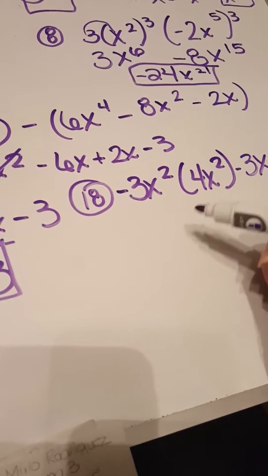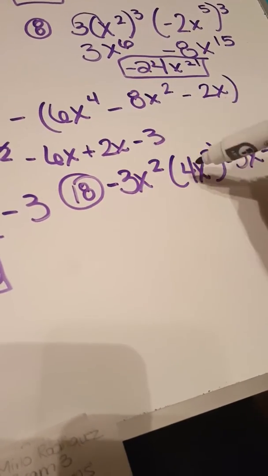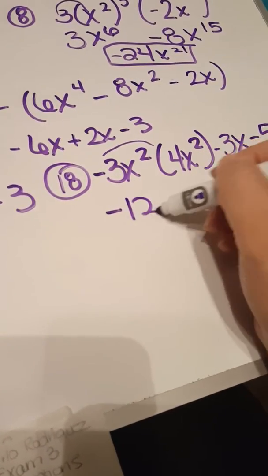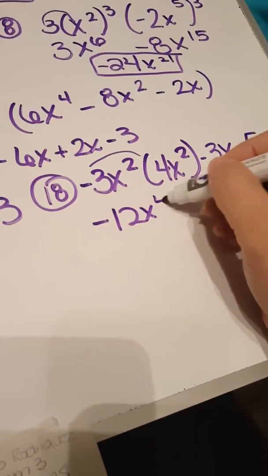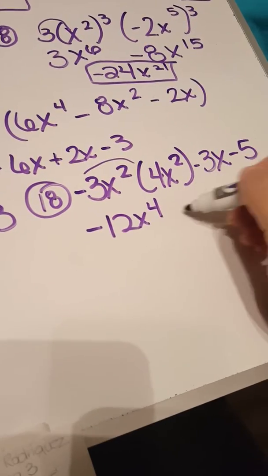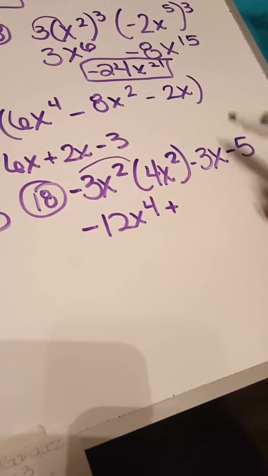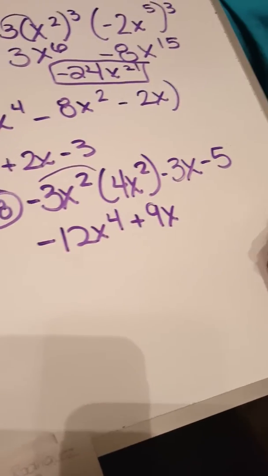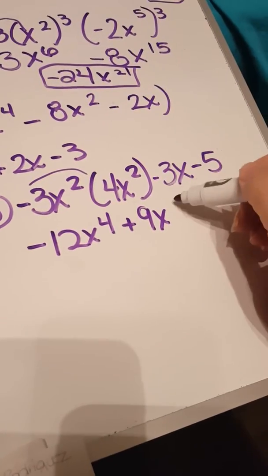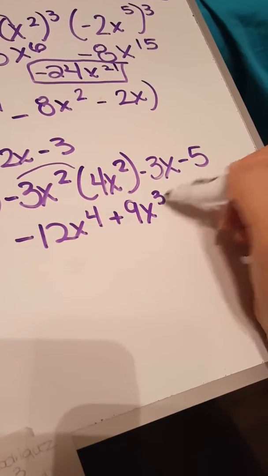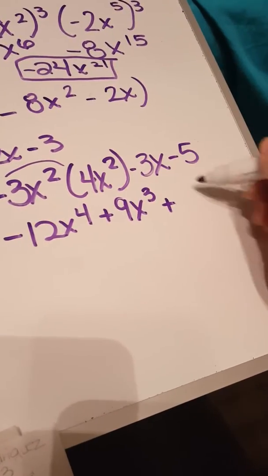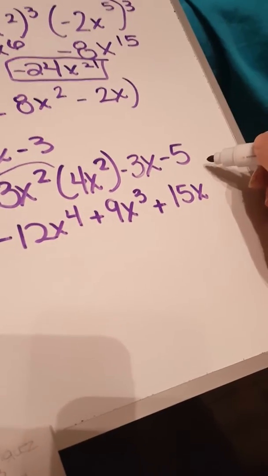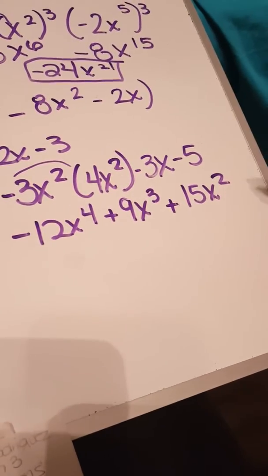So then we have a distributive property. So here we're going negative 12x 4 plus the 9x to the third plus the 15x squared. And that's my answer for that.